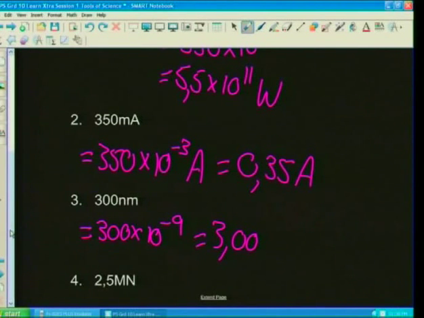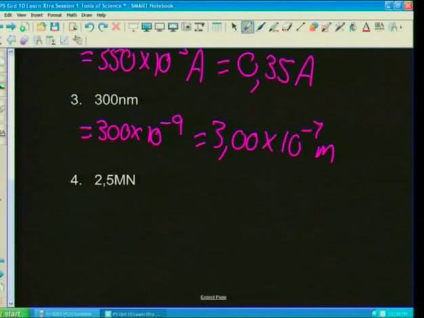So we must multiply this by 100. 100 is times 10 to the 2. So that's going to be 3 times 10 to the minus 7 meters. So there we are. We've done it in our head. Let's make sure that you've got that sorted out. Try and practice it. Do it in your head. Do it on the calculator. Compare your answer.